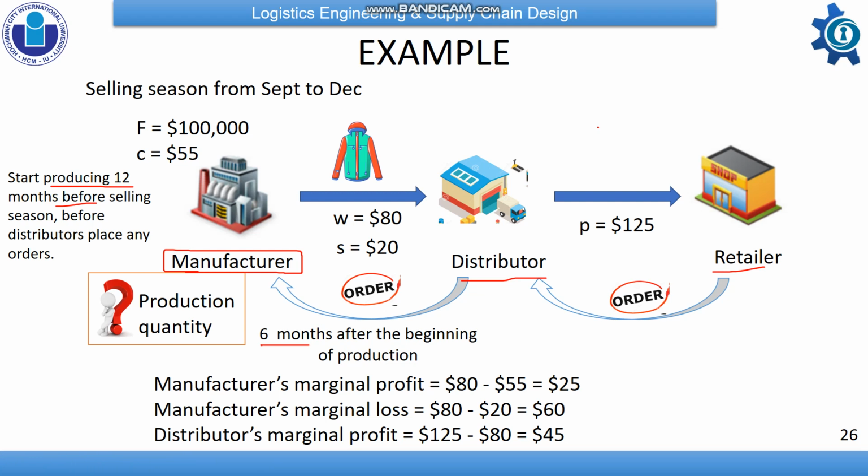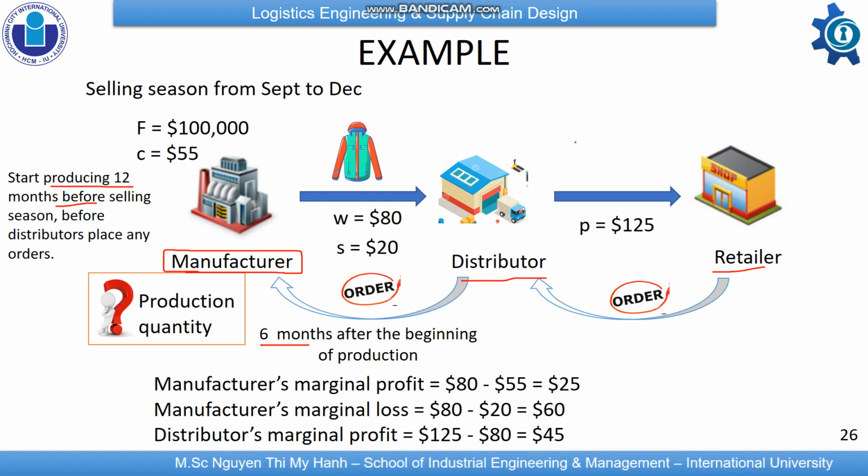So we can see that the manufacturer takes risk. If they produce more, they have to pay more for the cost because they need to extend their capacity, right? So they want to produce less.